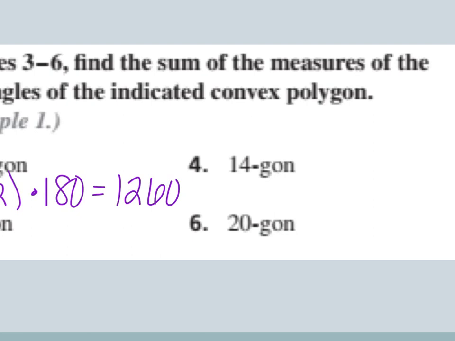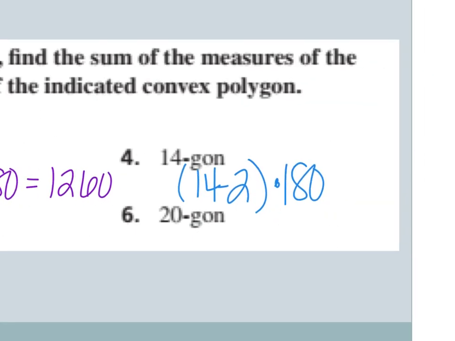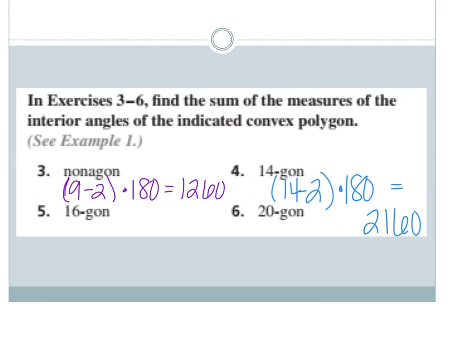So we're going to take 14 minus 2 times 180. So we have 12 times 180 is 2160. You can do the other two for extra practice if you'd like, but I'm not going to go through them just to save us some time.